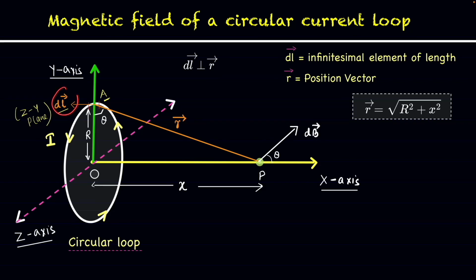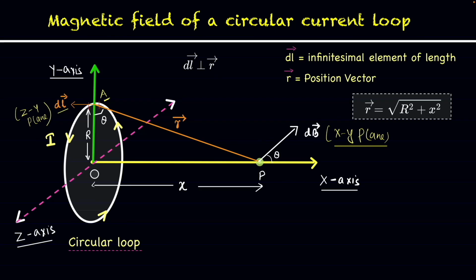This dl vector and r vector are perpendicular to each other. So based on that, we have to find what is the magnetic field at point P when we take a very small section of the circular loop as dl. This magnetic field is along the xy plane.